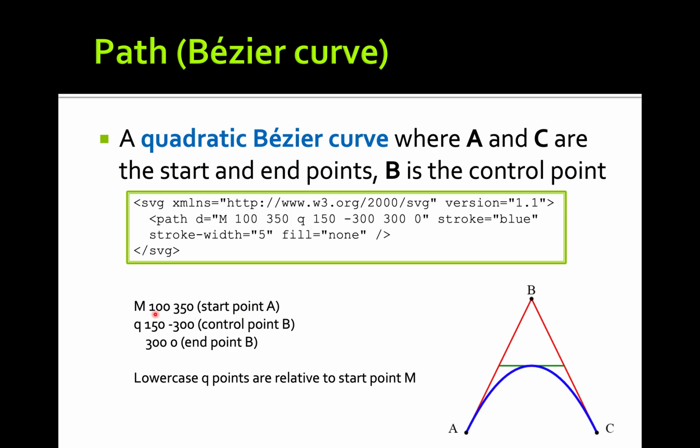Starting from 100 and 350, this now becomes the origin, the 0, 0 point, the relative coordinates. So now we have the y-axis and the x-axis.